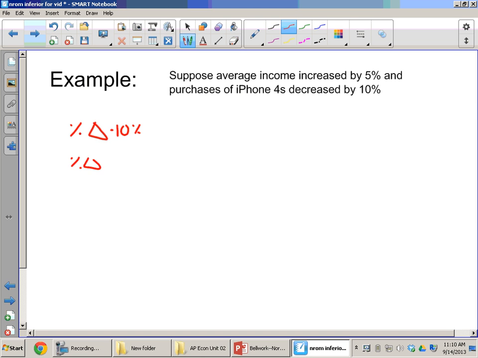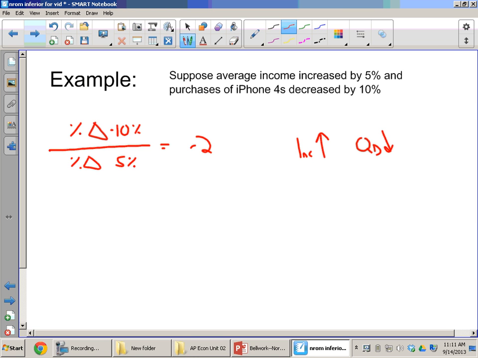The percentage change in income is positive 5%. When you do the math here, your answer would be negative 2. And that would tell you that this is an inferior good. In other words, when your income goes up, then the quantity of this good demanded is going to go down for you, or your demand for this good goes down. You buy less of it.